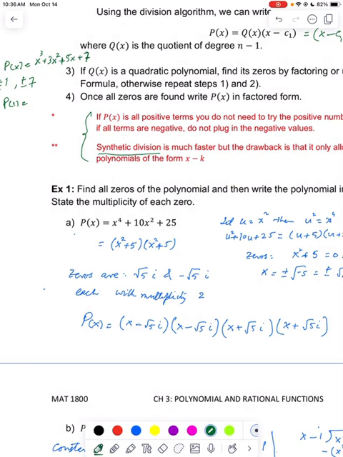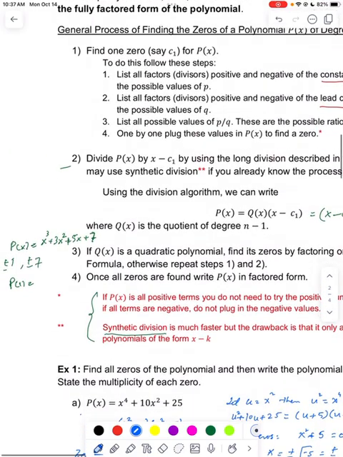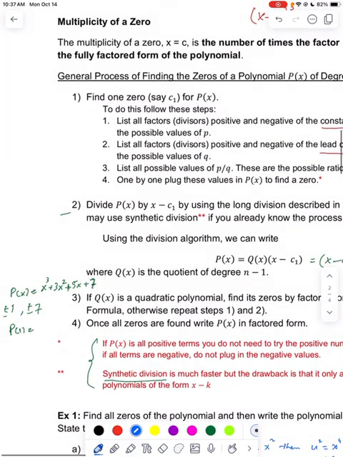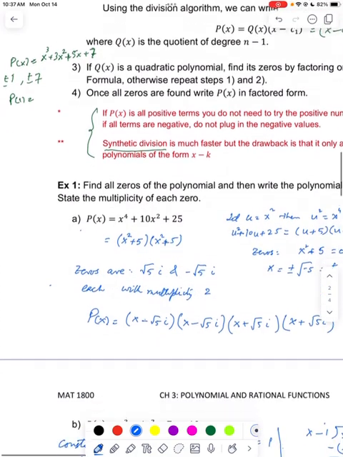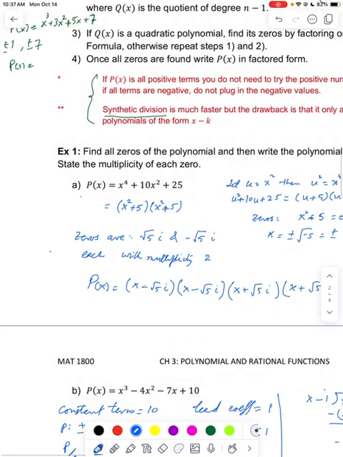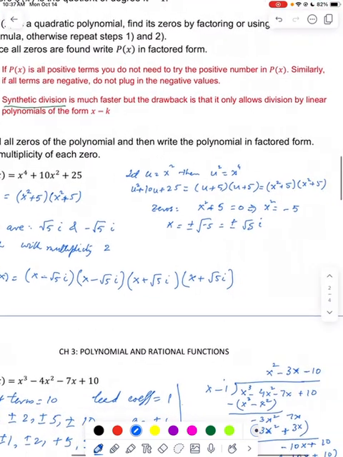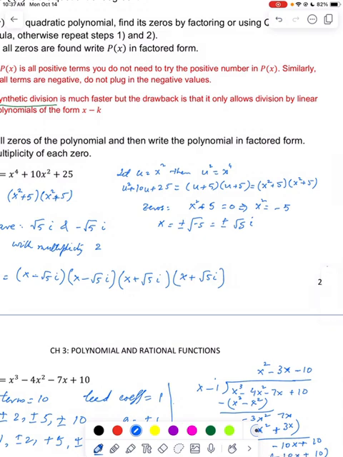Usually if there is a method like factoring, or for a quadratic polynomial you can factor or use the quadratic formula, you do not have to go through this long process of using the remainder theorem and all that. So this one I can factor easily, because this is what we call the quadratic form.